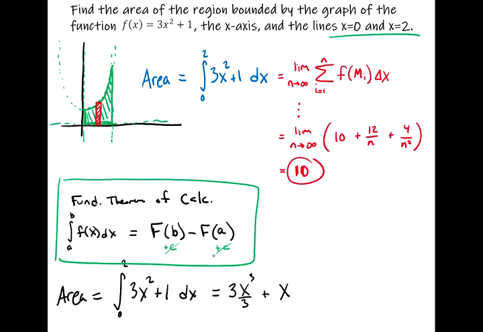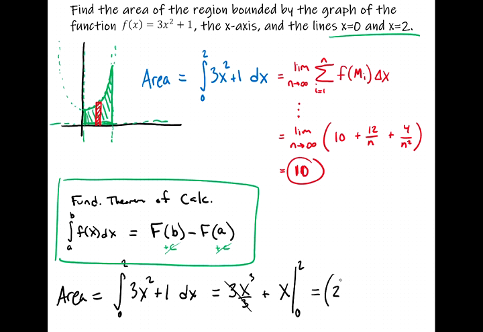All right, so here's our antiderivative of 3x squared plus 1, and we're going to evaluate that. This vertical bar means evaluating from x equals 0 to x equals 2. We're plugging in 2 into our antiderivative. So the 3's cancel, and that's just x to the third power.